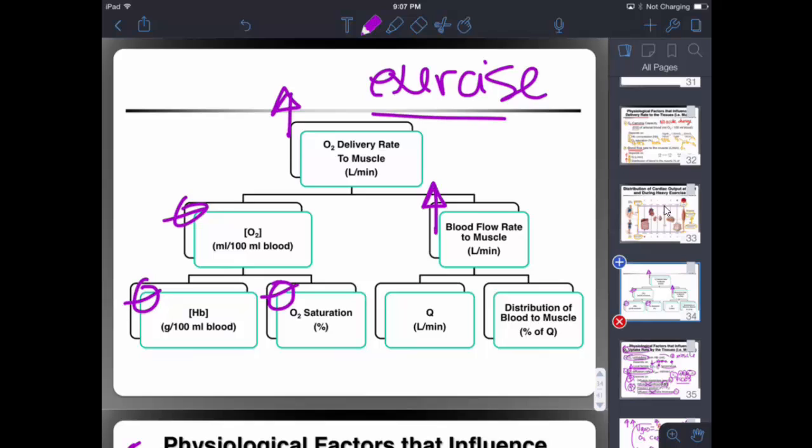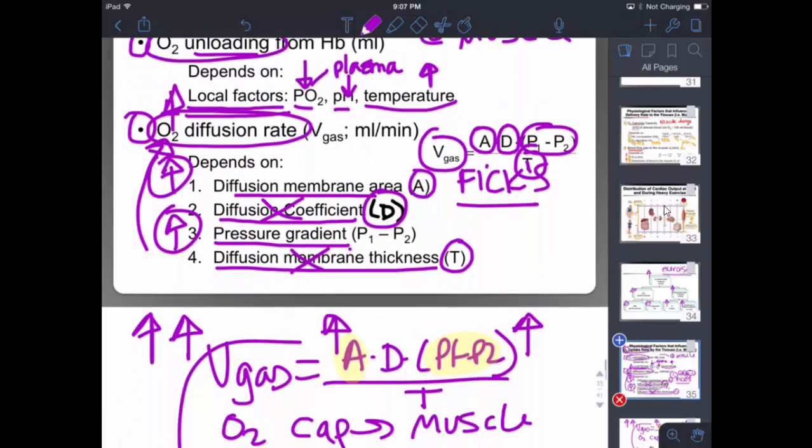So what we see during exercise is oxygen is delivered faster because there's more blood being delivered to the muscle, and that's because there's more blood being delivered out to the whole system, and a greater proportion of that is being distributed to the muscle cell.